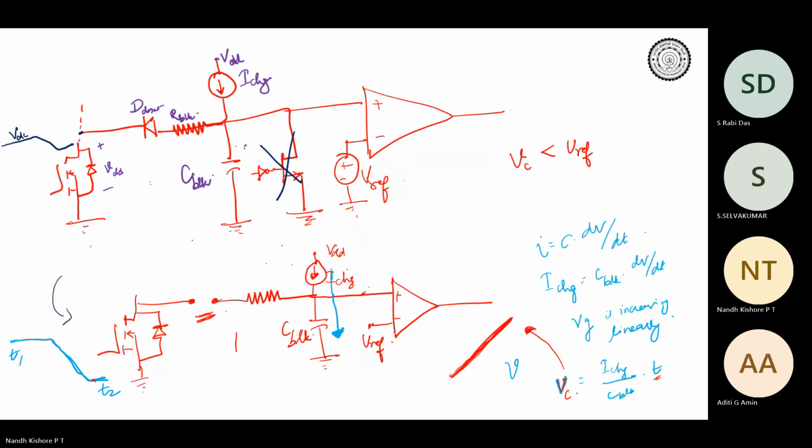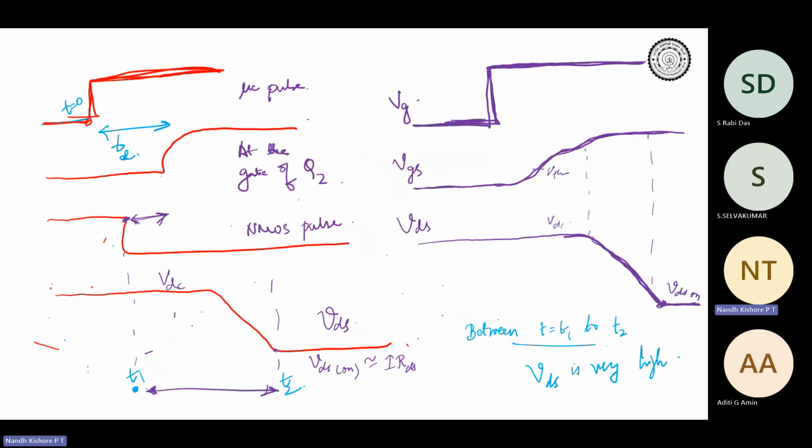Because at t equal to 0 itself, you have given the gate pulses to the device, and the NMOS is turned on. So technically speaking, from this moment itself the device is turned on. And ideally, from the starting itself, I want my protection to be there.